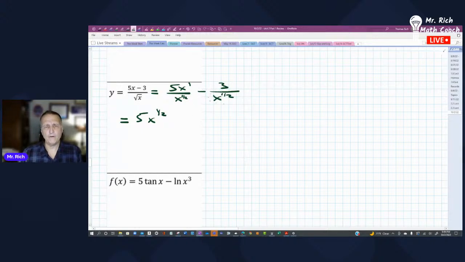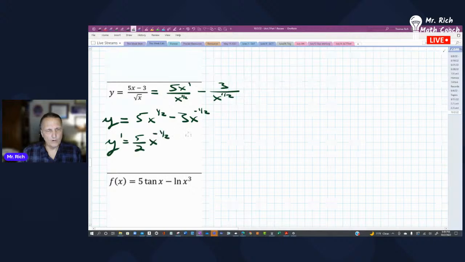And then here I'm going to use my negative rule of exponents, which says that I can take that x to the 1/2 from the bottom and move it up into the top. And ordinarily, we don't like to make positive exponents negative. We're trying to usually go in the other direction. But in this case, we want to move that up into the numerator so that I can use the power rule when I take the derivative. So now I am ready to take the derivative using the power rule. So this would become 5/2 x to the negative 1/2.